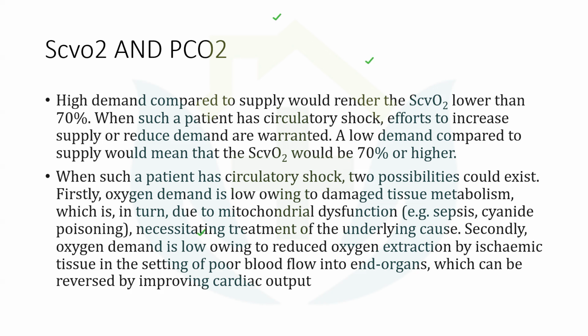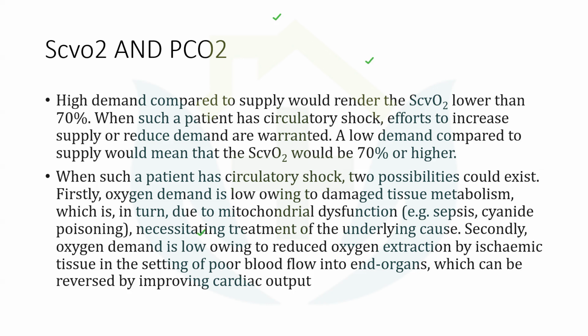Now, the oxygen comes through the arterial system to the tissue. The tissue takes up the oxygen, and the rest of the oxygen comes into the venous side, which is detected by ScvO2. So normal level is 70%.